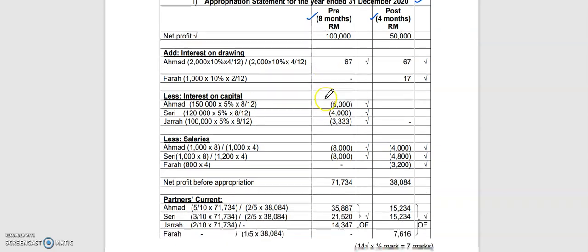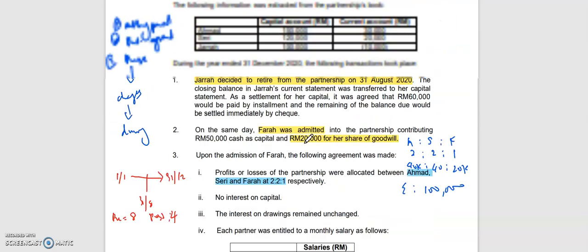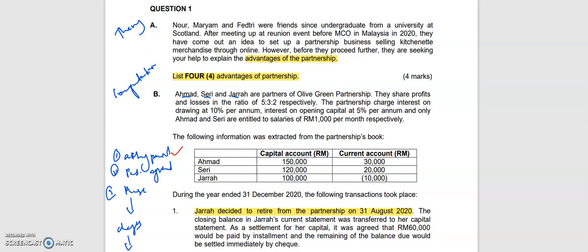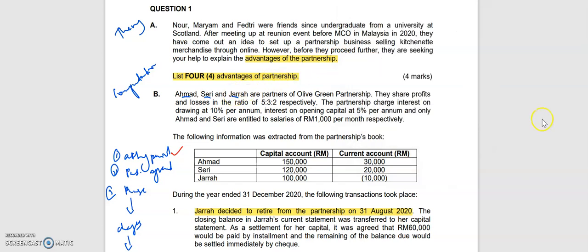So you prorate to 8 months and 4 months as follows. And then continue to adjust for any interest on drawing, interest on capital and salary. So how to find out whether there is an adjustment on this transaction? Go back to the question and find the partnership agreement. Can you find the partnership agreement during pre? I will use pink color to differentiate. So during pre, you have an agreement regarding the profit and loss ratio of 5 to 3 to 2.